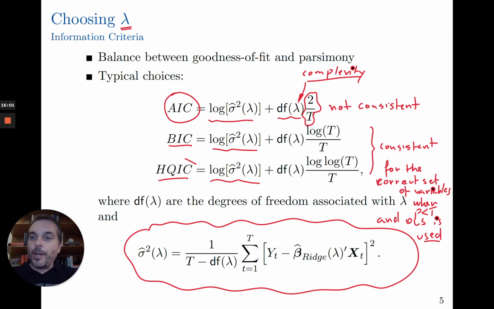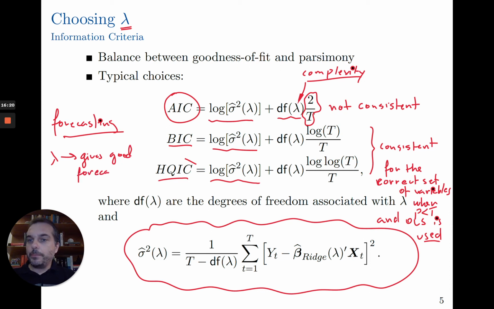So if you are interested in forecasting, for instance, you want a lambda that gives good forecasts. That's our goal at the end of the day. So in practice, you're going to have to play around with these criteria.